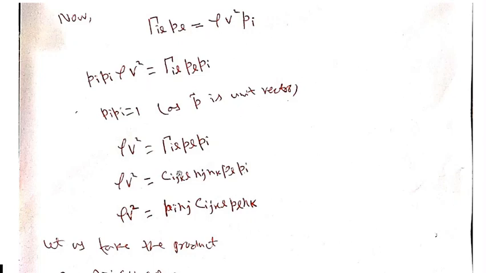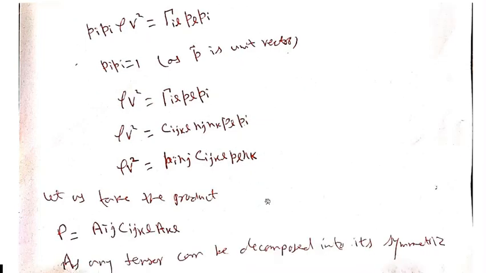And we know that gamma IL equals Cijkl Nj Nk. We can write this in this way by rearranging the factors. We can write Pi Nj, Cijkl, PL and Nk.